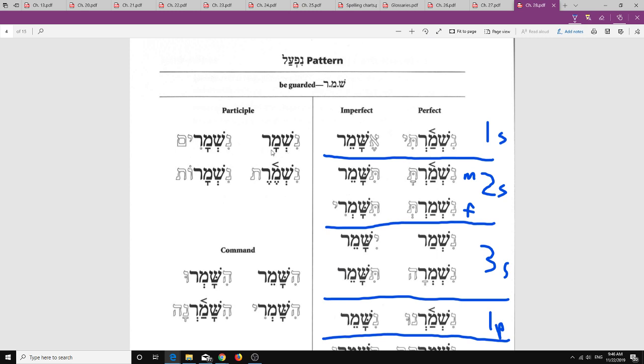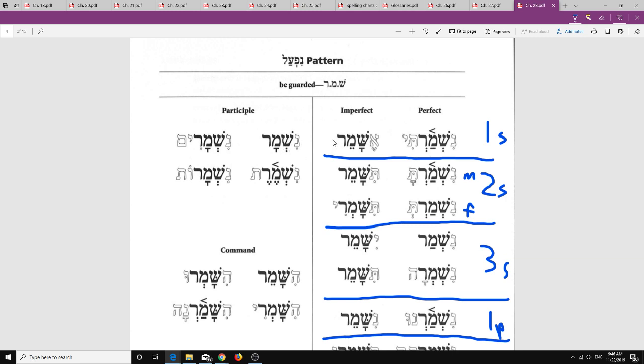Nishmar, here's our masculine singular, so maybe guard or being guarded. Being guarded is probably the best translation for this as a verb. It could also be maybe guarded one if it's a noun, or even an adjective, maybe just guarded.